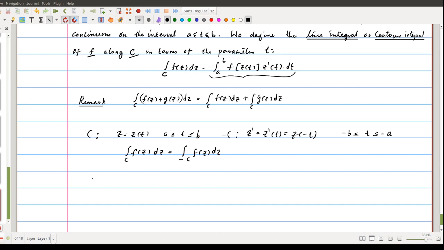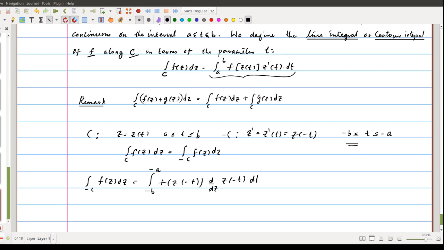We can write the integral over minus C of f of z dz as the integral from minus b to minus a of f of z of minus t times the derivative of z of minus t.